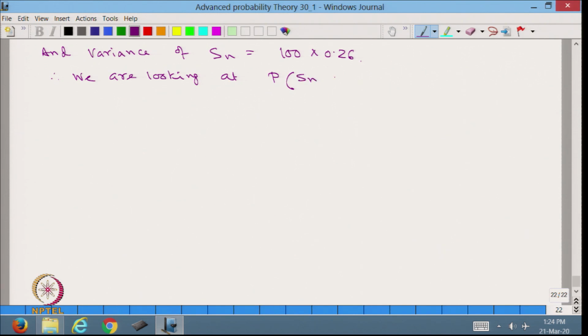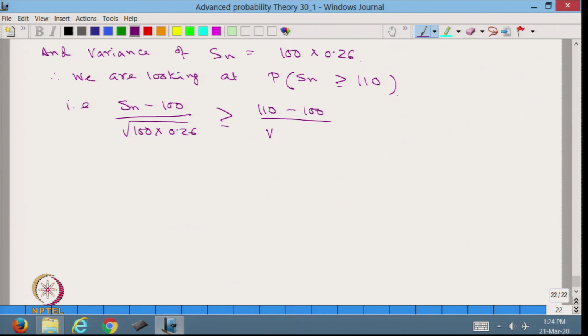Therefore, we are looking at the probability Sn greater than or equal to 110, that is (Sn minus 100) divided by root over 100 into 0.26 greater than or equal to (110 minus 100) divided by root over 100 into 0.26, which is equal to 10 upon 10 into root over 0.26, equal to 1 upon 0.51, equal to 1.96.